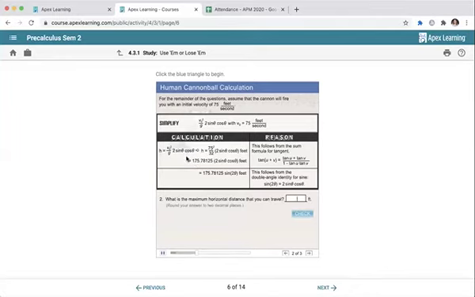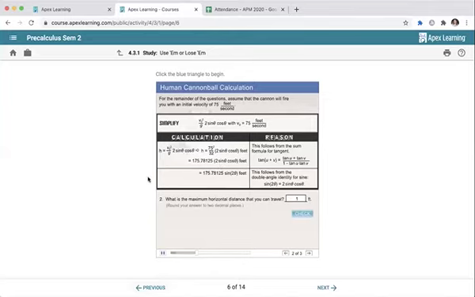Then we can notice that 2 sine theta cosine theta is just sine of 2 theta, our double angle identity. So when we're trying to solve for different values of theta, it's going to be easier if we can just do sine of 2 theta instead of plugging in sine theta cosine theta.